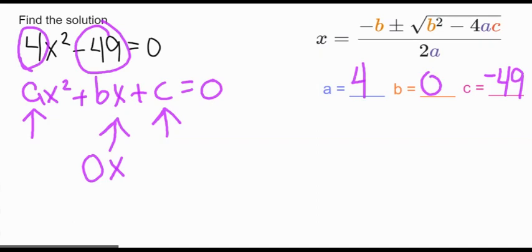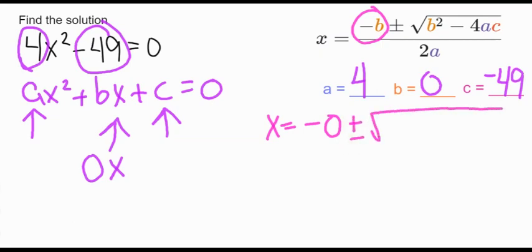So let's write our equation. We have x equals negative b. Now negative b would be negative 0. There's no such thing as negative 0. That's going to turn into just a 0, plus or minus square root of b squared.